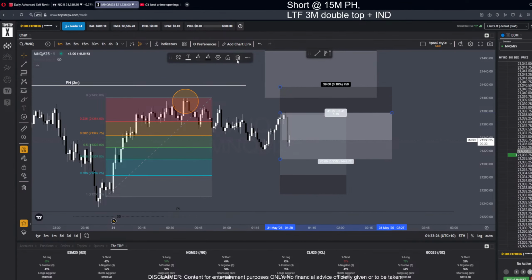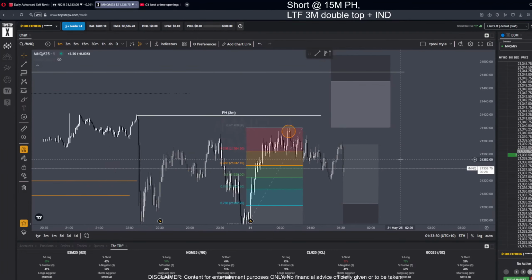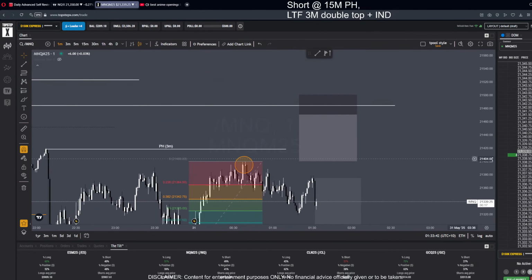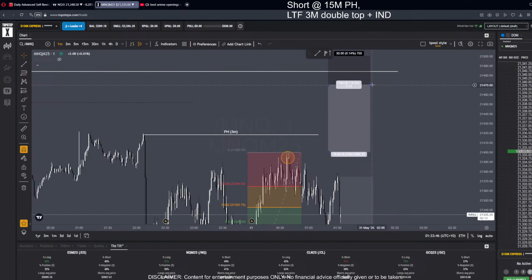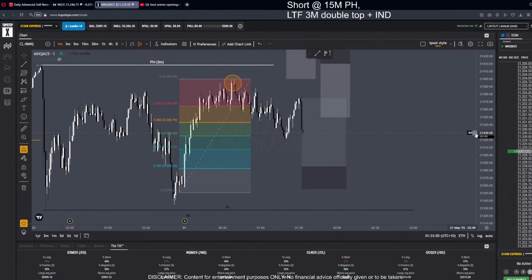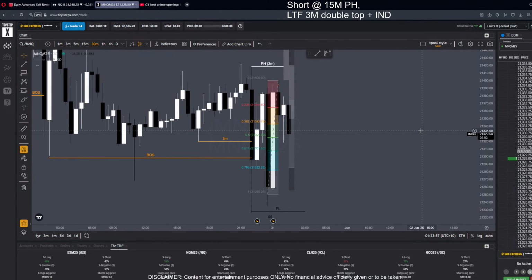This is what I'm looking at, depending on how price plays out here. A lot of choppiness, a lot of indecision going on. What's the latest 30-minute candle saying?